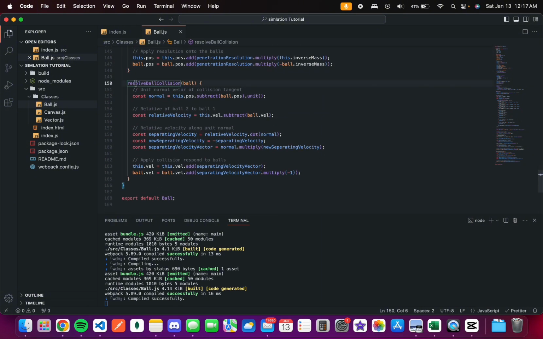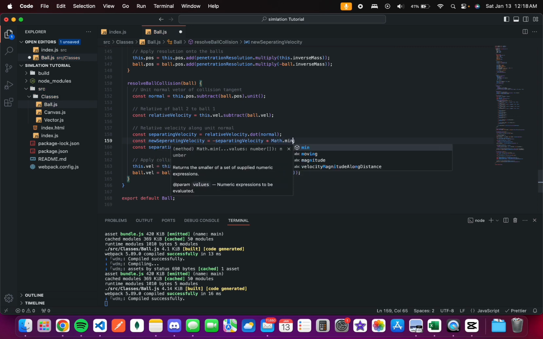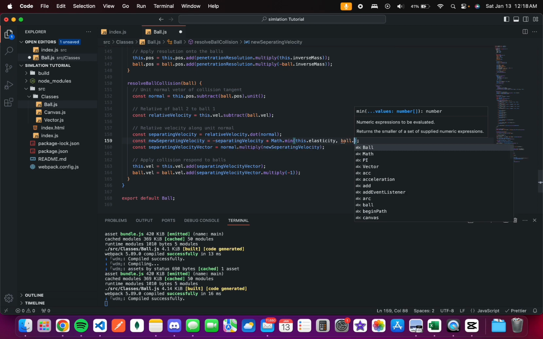Now let's move to resolve ball collision. So the relative velocity could stay the same. However, the new separating velocity has to change. And this is what I was talking about earlier, how we're going to be using this later, because it makes it much easier. So we're going to be doing this, Math.min, this.elasticity, and ball.elasticity.